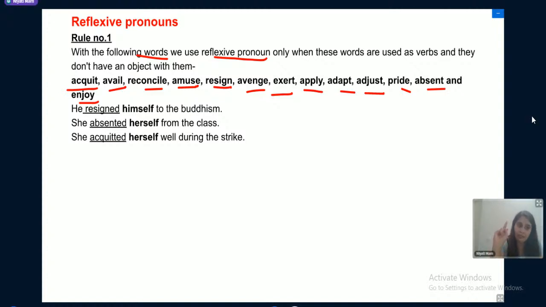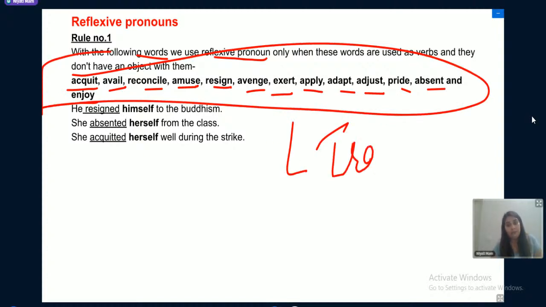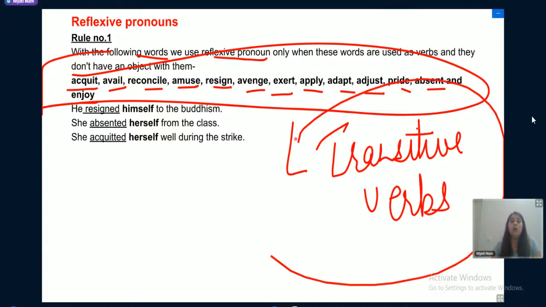So in total, there are 13 words. Before understanding the rule, you first need to remember a very simple thing, that all of these words are transitive verbs.